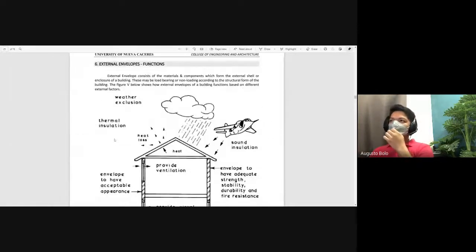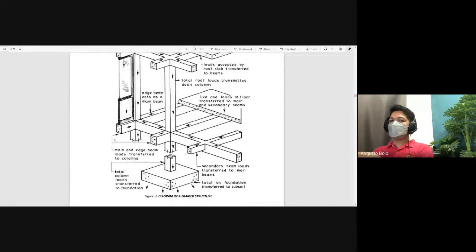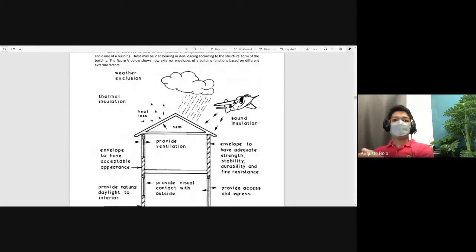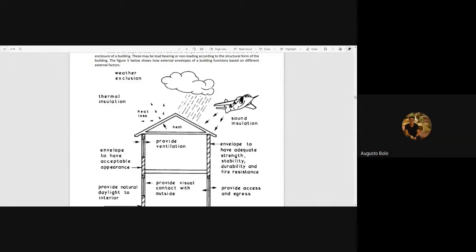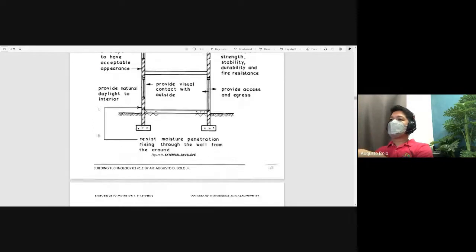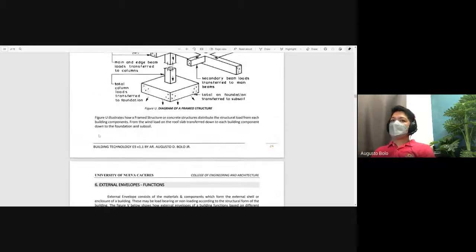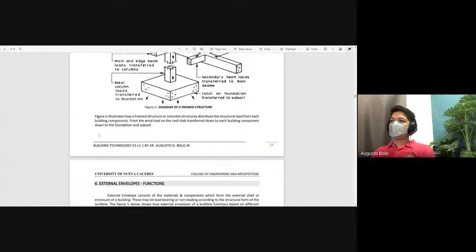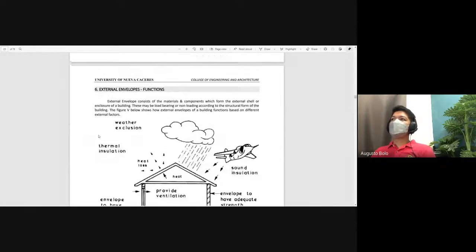Okay. Let's finish these external envelopes. External envelopes of the building.